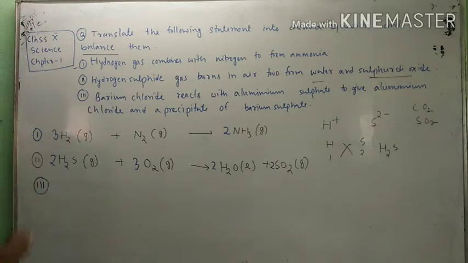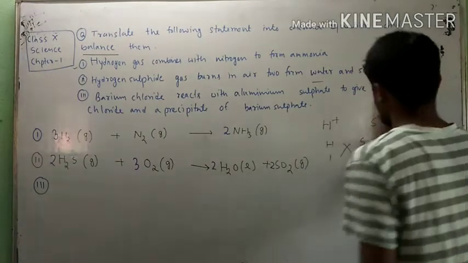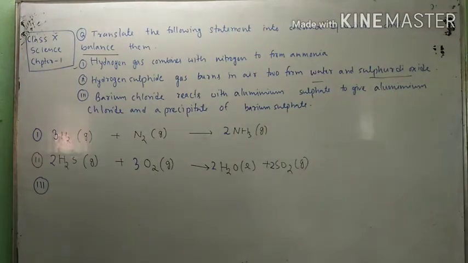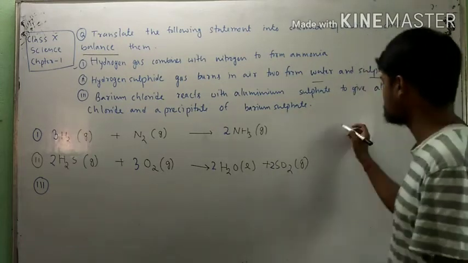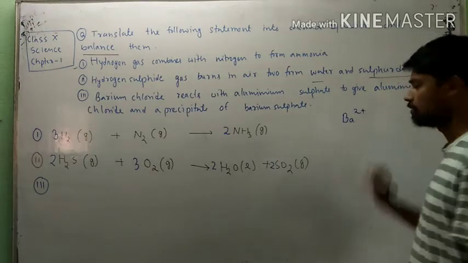Equation number 3. What is given? Barium chloride reacts with aluminium sulfate to give aluminium chloride and a precipitate of barium sulfate. Now you must know the formula of barium and the ionic formula of the barium ion. So barium is denoted as Ba2 plus, right?